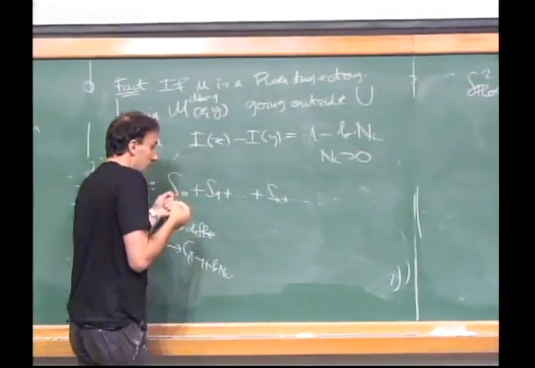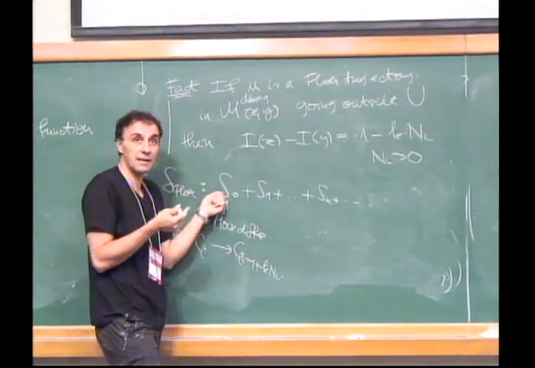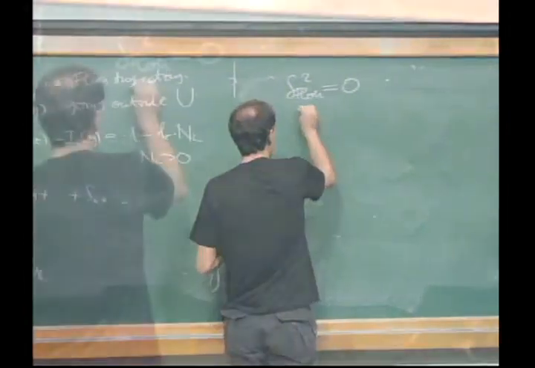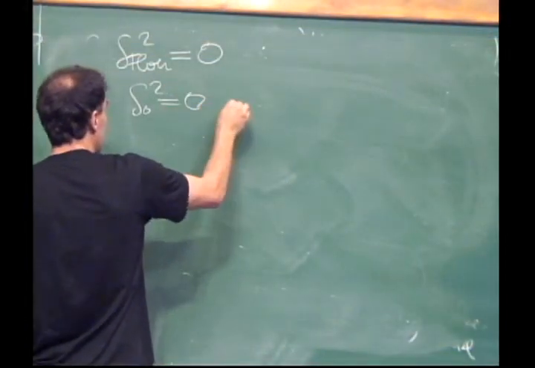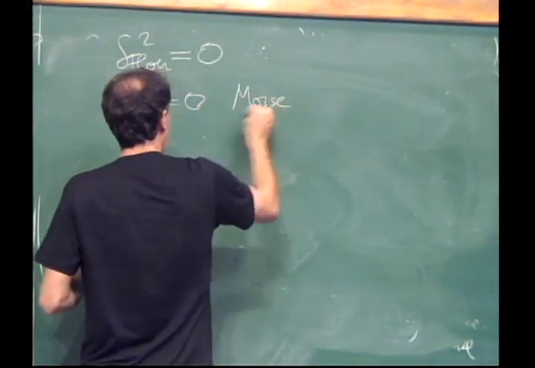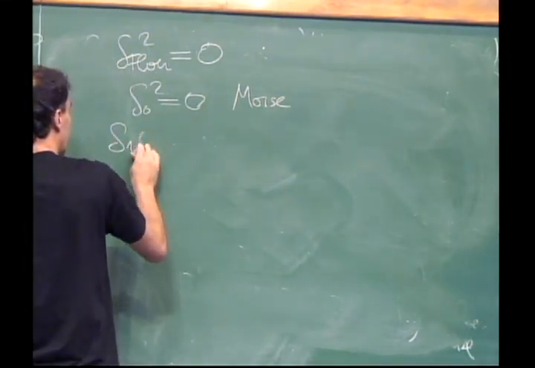what you find is that the first one is the Morse relation, of course, and then you find this one.